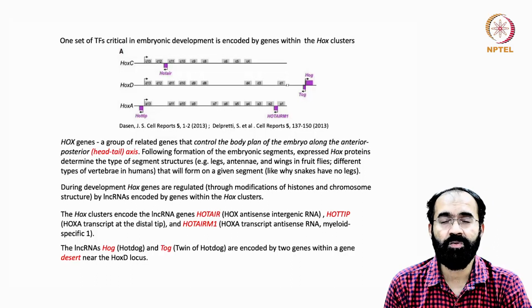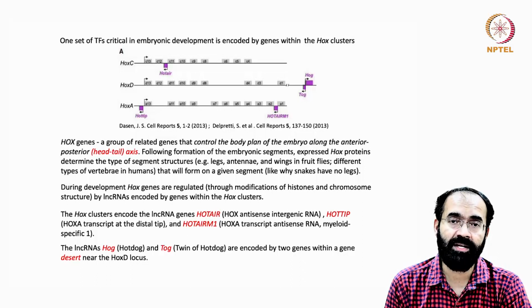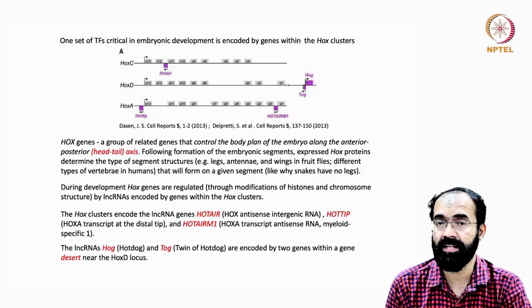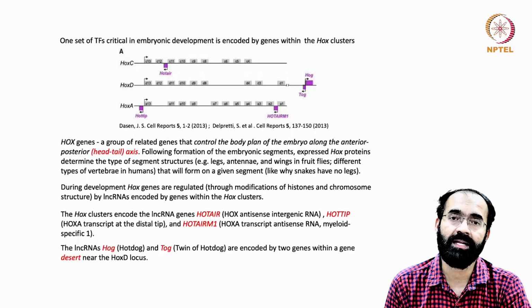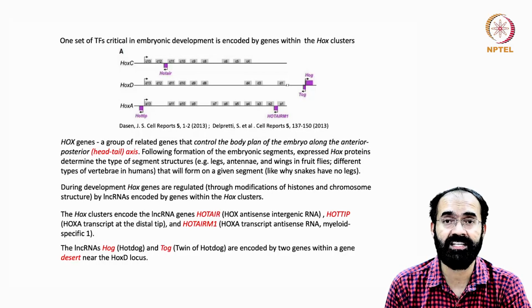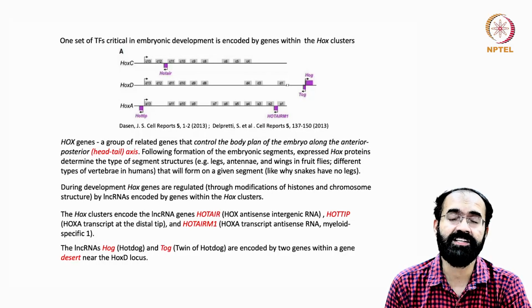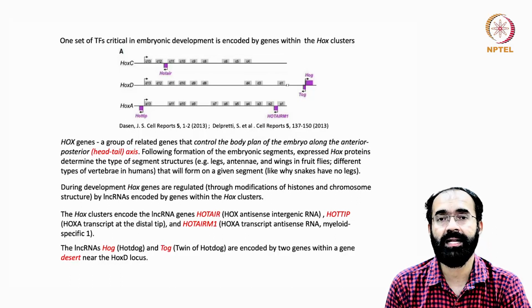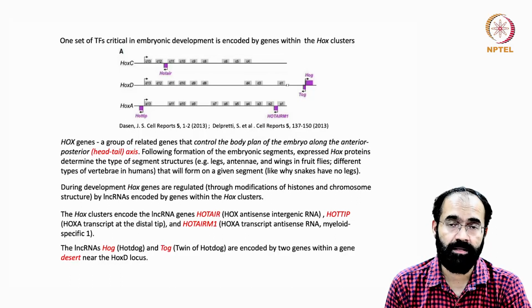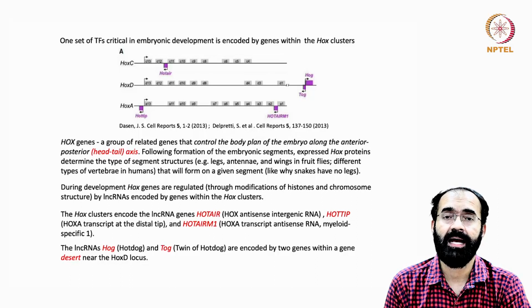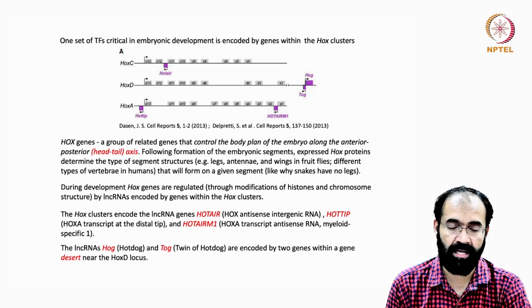So some of these non-coding RNAs are given names based on the location where they are present, and some of them are given names based on the disease condition in which they are discovered, and accordingly they have been given a name to start with, and later on people find out that it is necessary for the normal development of this organism.